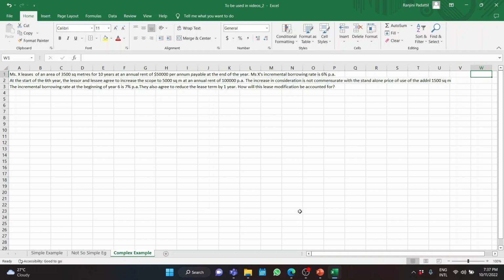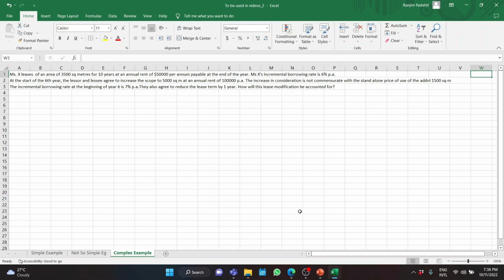Miss X leases an area of 3,500 square meters for 10 years at an annual rent of 50,000 per annum payable at the end of the year. Miss X's incremental borrowing rate is 6% per annum. At the start of the 6th year, the lessor and lessee agree to increase the scope to 5,000 square meters at an annual rent of 100,000 per annum.